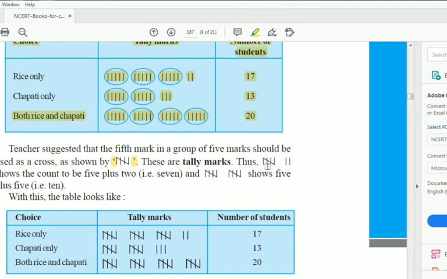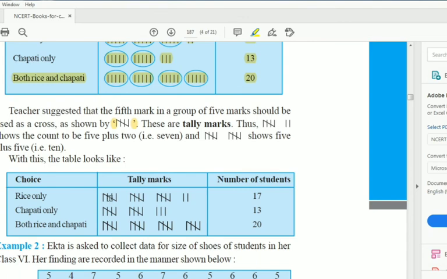This 5 and this 2 show the count to be 5 plus 2, that is 7. These 2 marks show 5 plus 5, that is 10. So how can we use this? Instead of making a circle, we can put 1, 2, 3, 4 standing lines and the 5th one is a slanting line. Like that, we can do this.